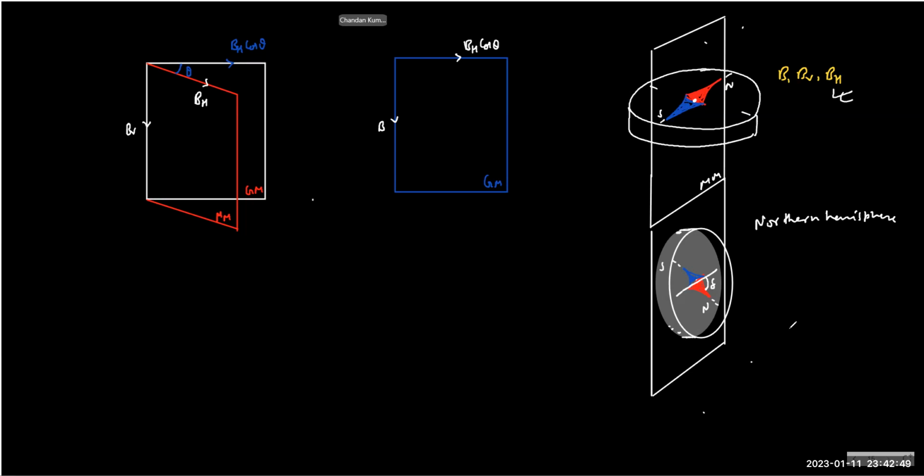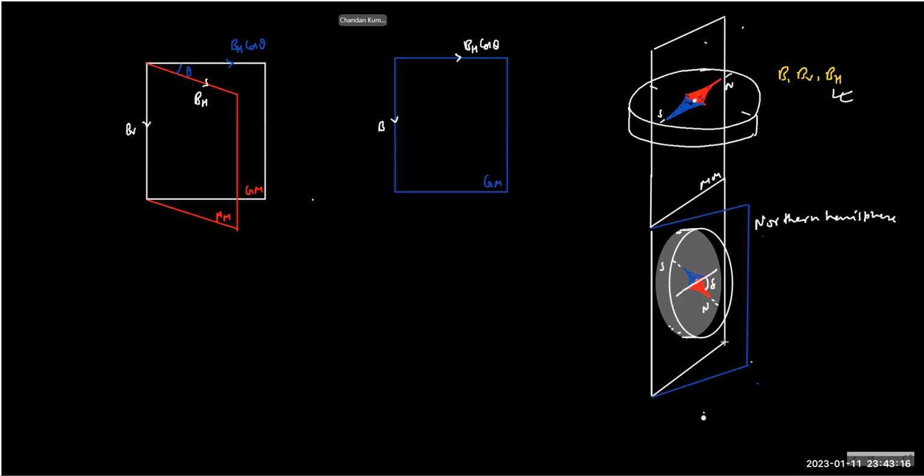So imagine if I tilt this plane, I want to show the plane of the compass like this. Look at this carefully. If I make this plane something like this, what will happen? The dip will remain the same, or decrease, or increase? What do you expect?